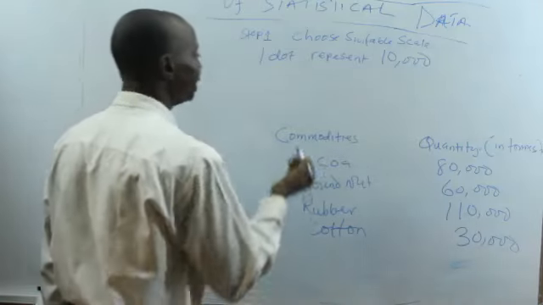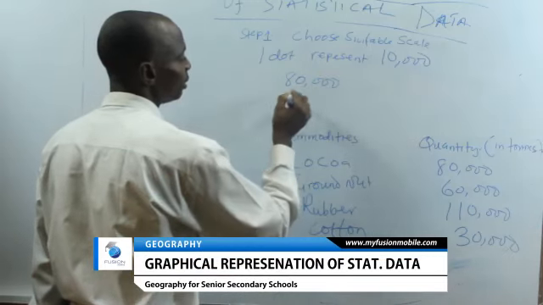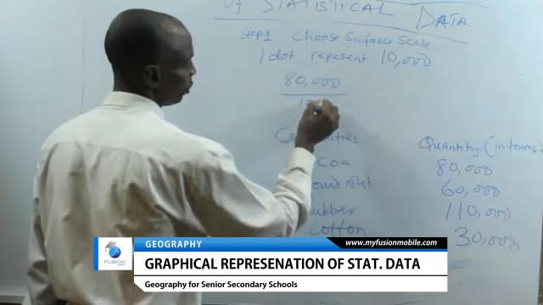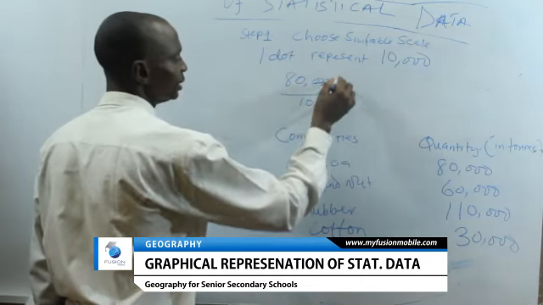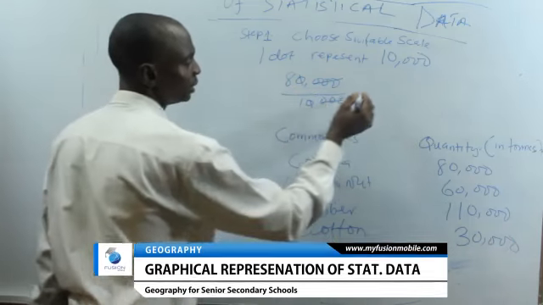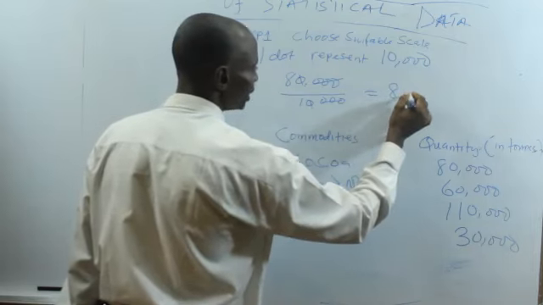Let's start from 80,000. 80,000 divided by 10,000. 8 divided by 1 is equal to 8. So how many dots are you going to have in 80,000?